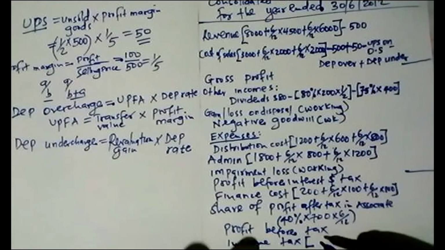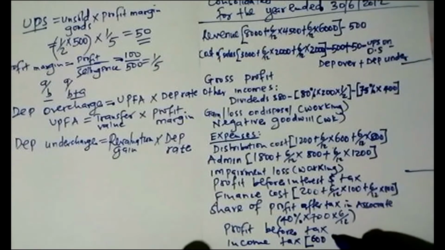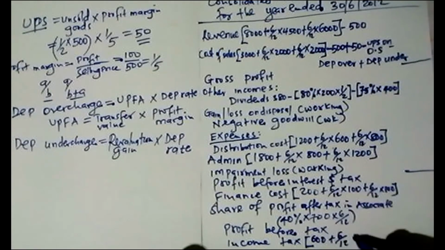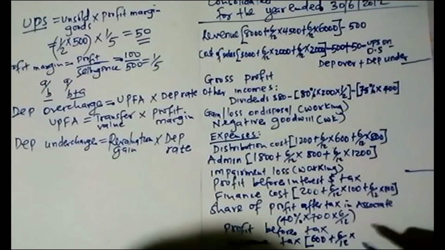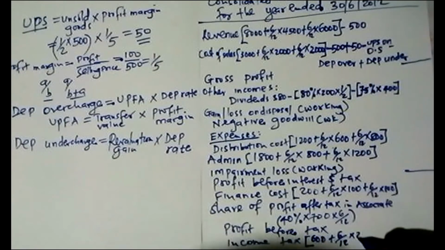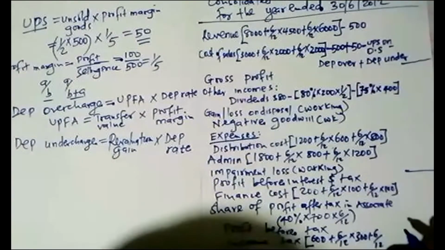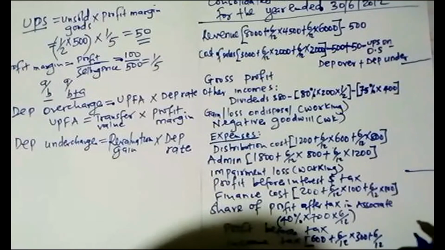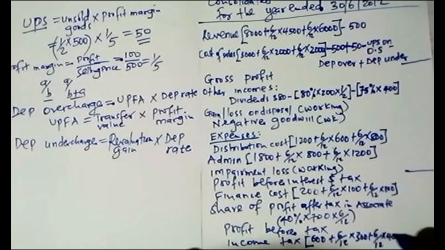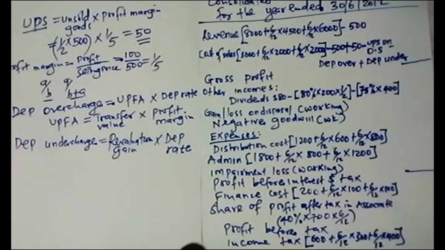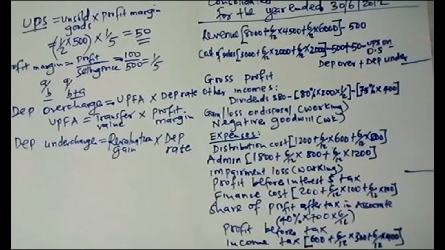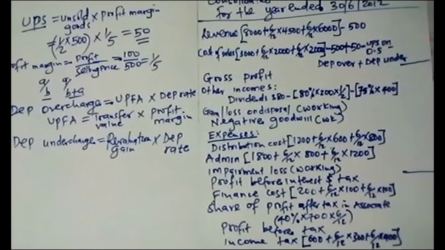It's all about 600 for the parent, plus for the Shika for the first 6 months, that is 300, plus for Shuja for the last 6 months, it was 400. Then after that, we get profit after tax.